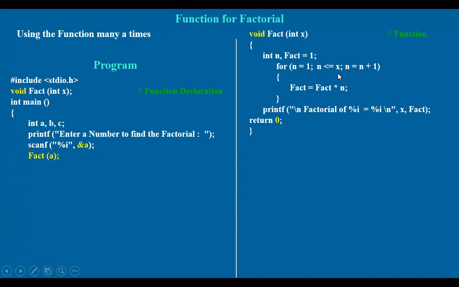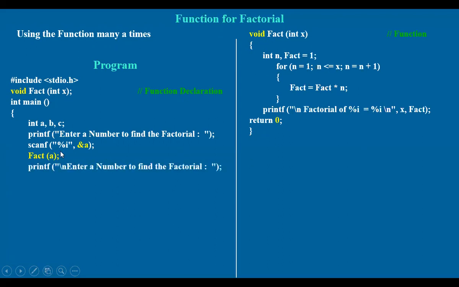This for loop is repeated, and it calculates the value of fact. It is finally displaying the value here itself from the function. So it is not returning any value. So return 0, and here it is void. Even in the function declaration, we have mentioned this void. So this is the function.